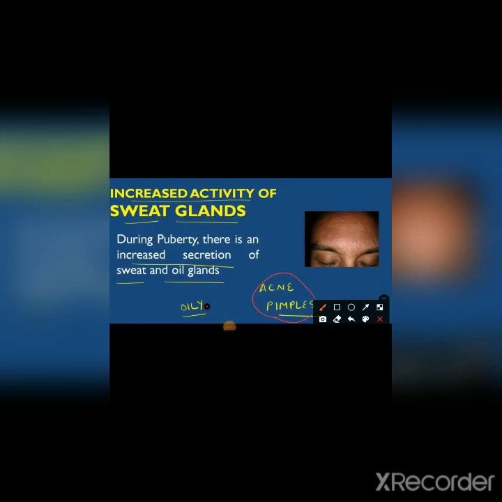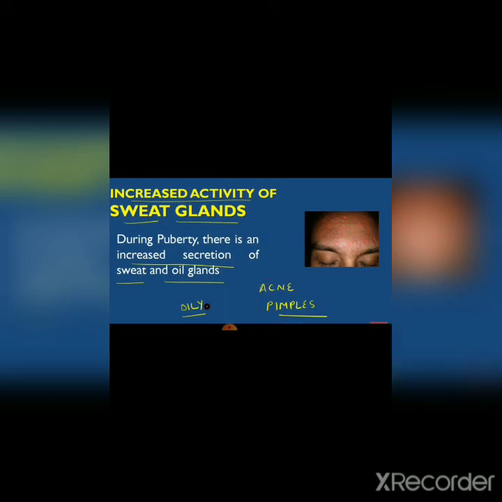Acne and pimples are seen on the face, as you are able to see here on this figure. Their acne are seams, right? So this is due to the oil glands. This is due to the sweating secretion. जितना ज़्यादा sweating निकलेगा, obviously skin will looks like oily, and due to oiliness the skin will get acne and pimples.